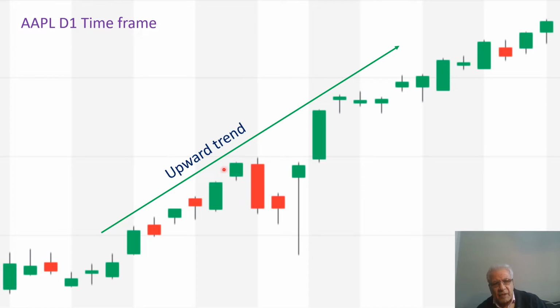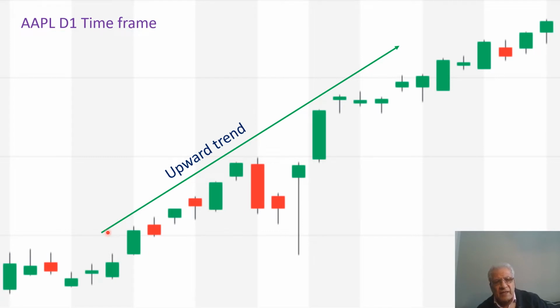And here the bears try to push the price down, to reverse the direction, but look at that, immediately a big bullish hammer appears with a long lower shadow that represents the bulls have very strong power, and you see that the trend continues.